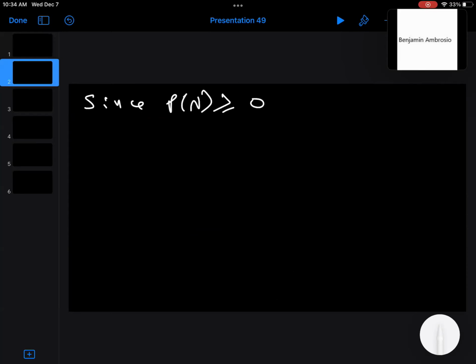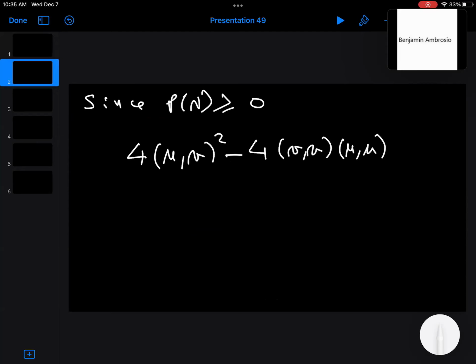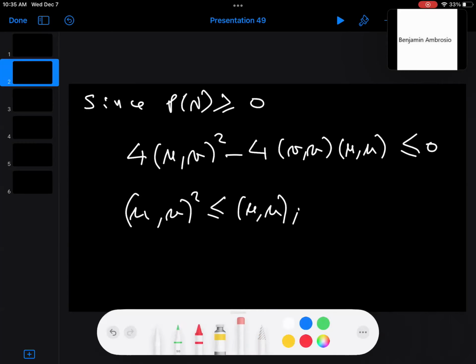So you get that. All right. And so this gives you U square less than U, VV, and therefore UV is less than.